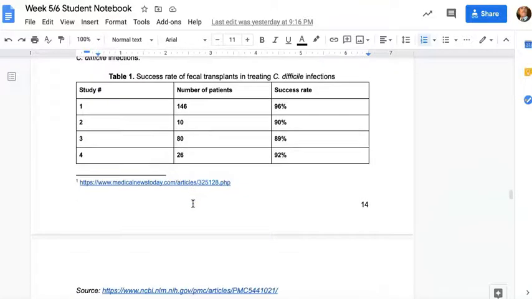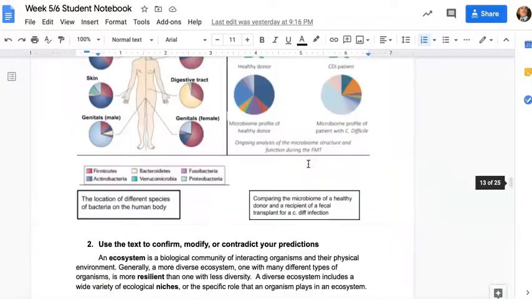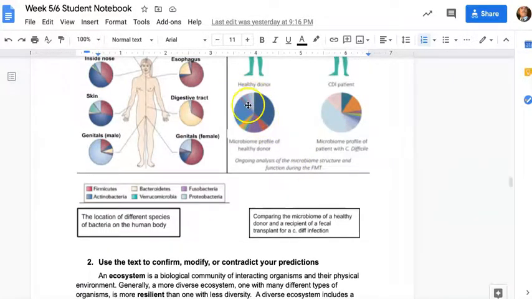Let's look at this table. This talks about 4 different studies of using fecal transplants to treat these infections of the intestines. And the success rate is very high in terms of remaking their ecosystem diverse and healthy.